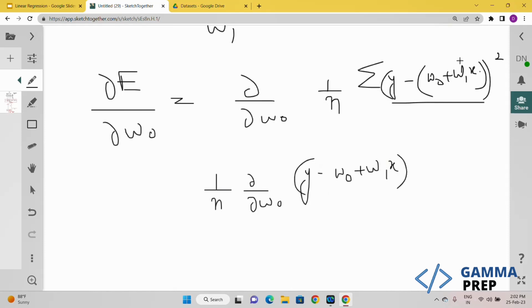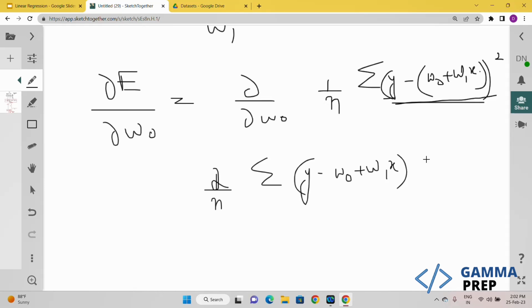So basically, first you do the differentiation of y minus (w0 plus w1x) whole square. You take this y minus (w0 plus w1x) as some variable called z, and then you write it as twice y minus (w0 plus w1x). Then you differentiate y with respect to w0, which is going to be 0 because w0 is not affecting your y.